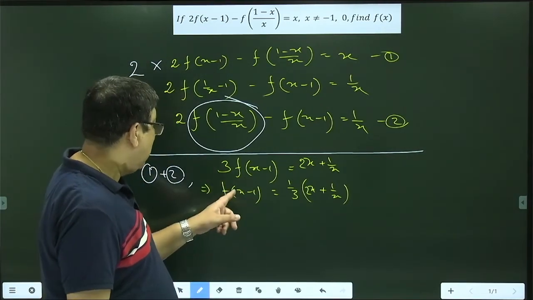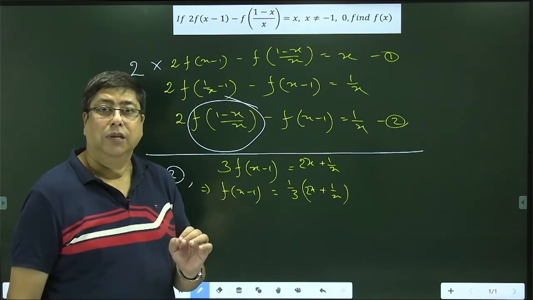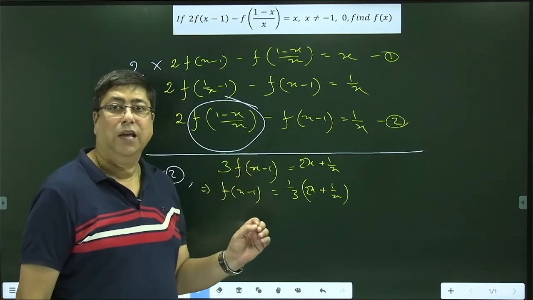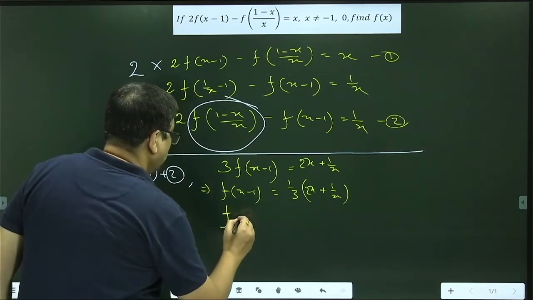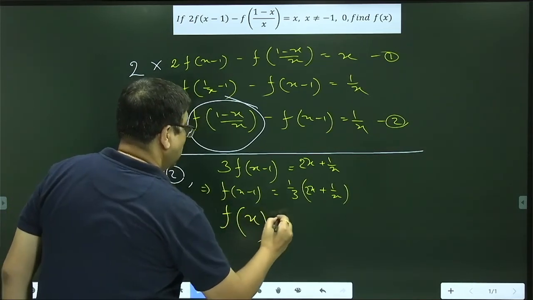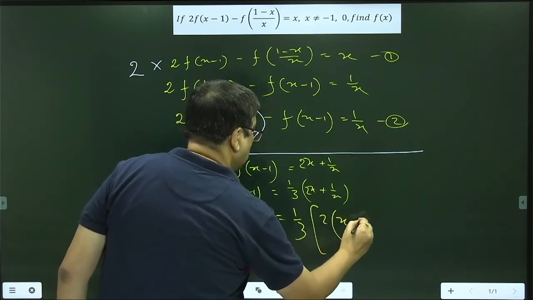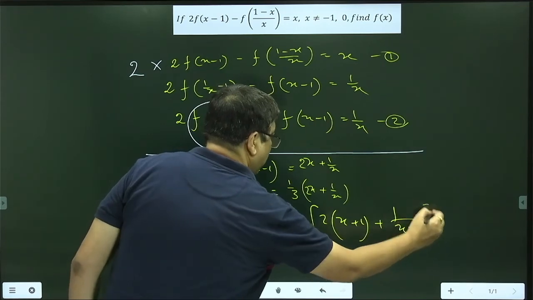It means x minus 1 we have to replace by x. It means in place of x put x plus 1. So instead of x, put x plus 1. This is coming f of x equal to 1/3 into (2x plus 1 plus 1 by x plus 1).